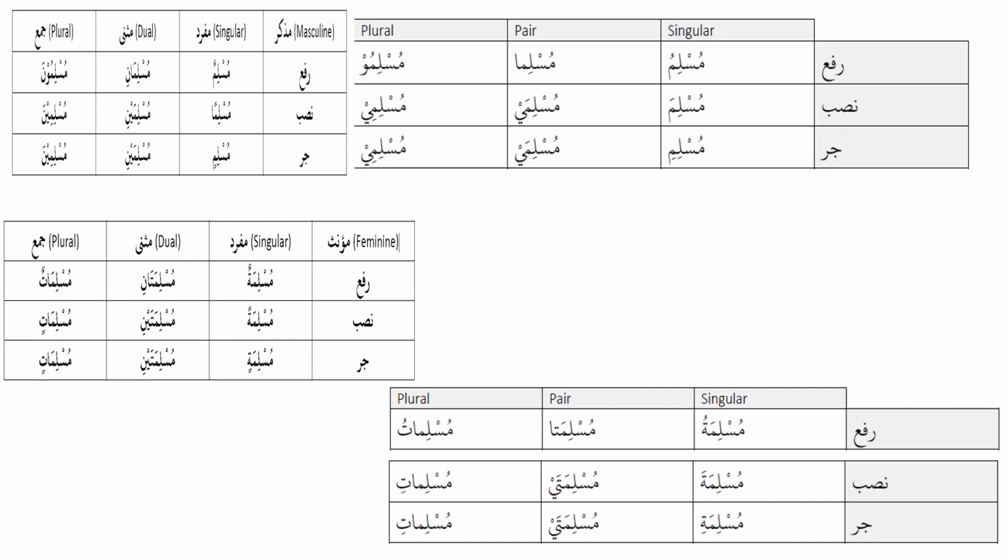Like shams means sun. If we're talking about one sun in rafa, shamsun, or shamsan, or shamsin. So these words are also feminine, but they're not from our feminine chart because they have a different category of feminine. I hope you guys are following.